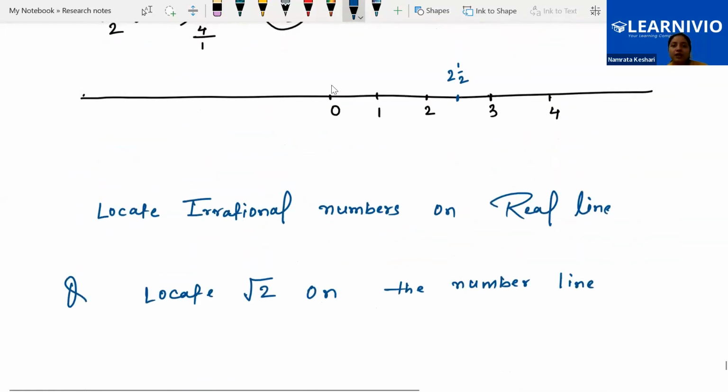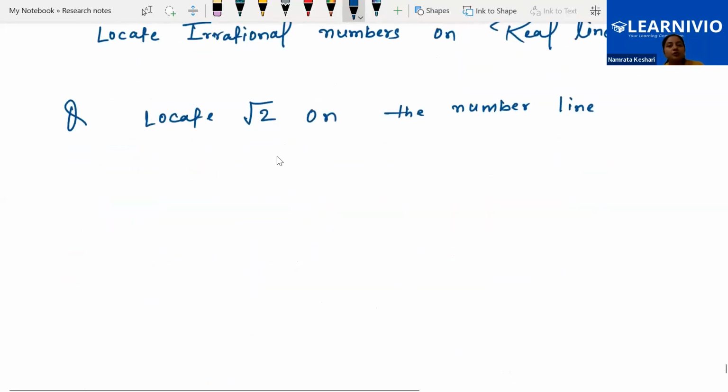So between 1 and 2 there are infinite numbers, between 2 and 3 there are infinite numbers, between 3 and 4 there are infinite decimal numbers. So root 2, where exactly will it lie? To do that, first thing first, we need to know the Pythagoras theorem. Do you know what the Pythagoras theorem is?